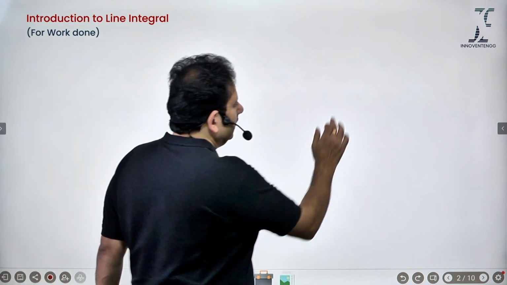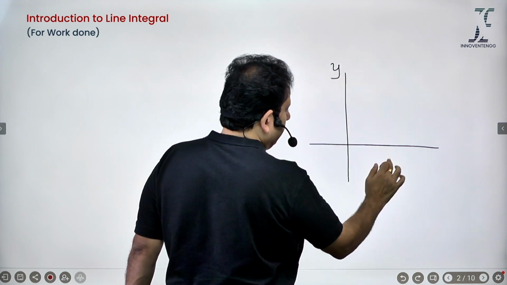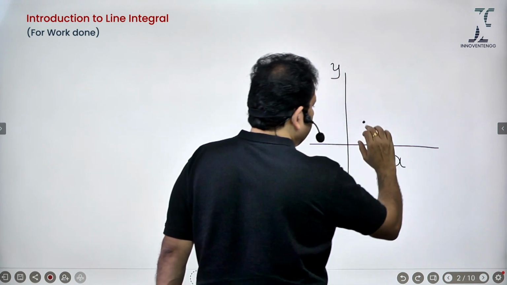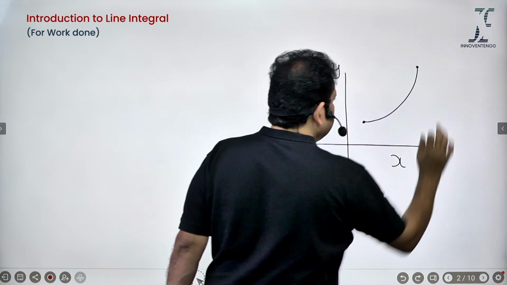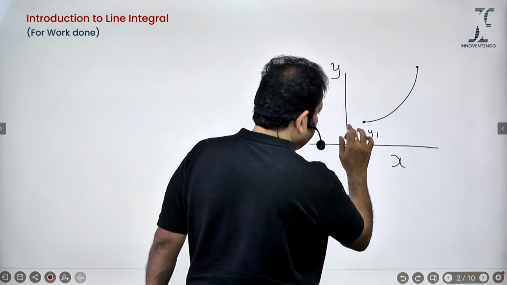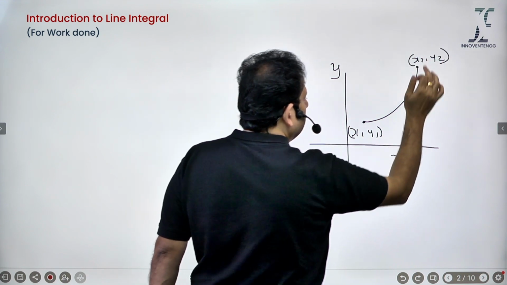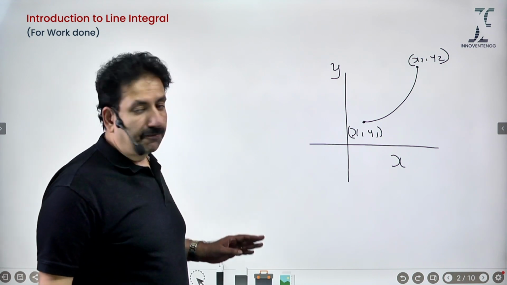So let's try and find out the general expression. Let's say that I'm in the xy plane. I'm trying to displace a particular mass along this particular path, from x1 y1 to x2 y2, and all along the path my force is varying.